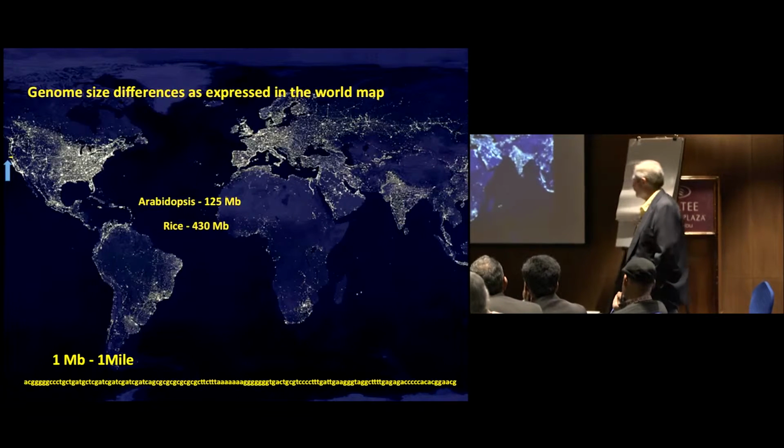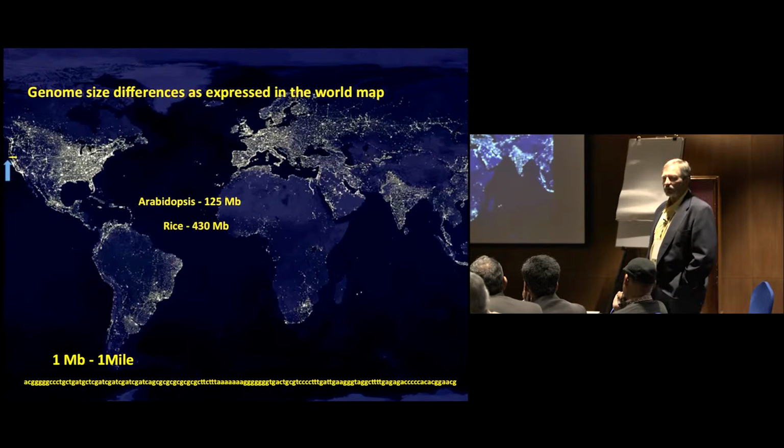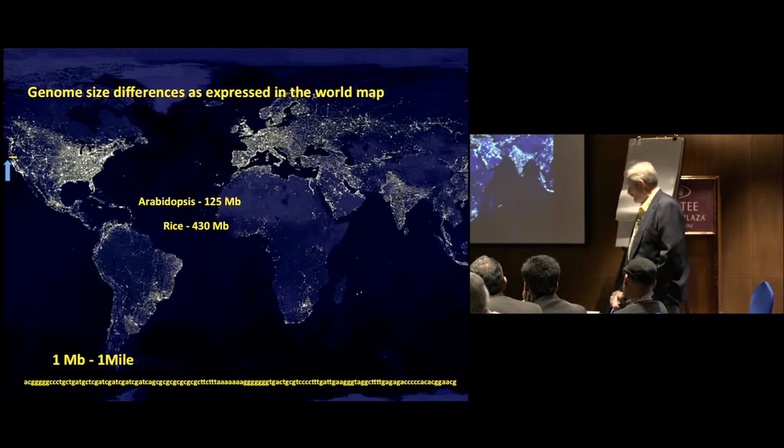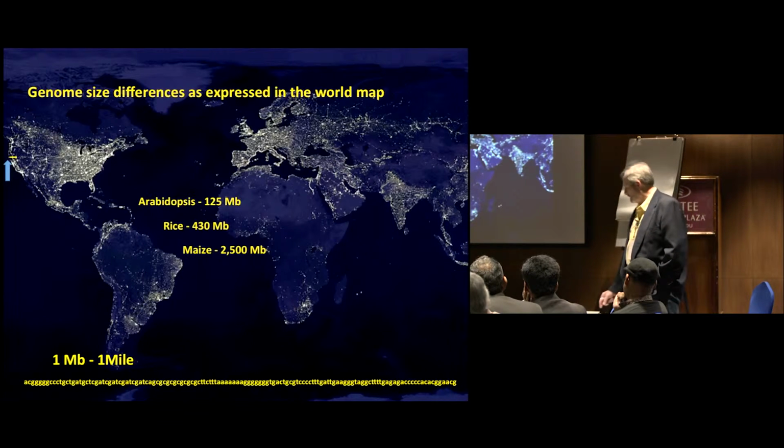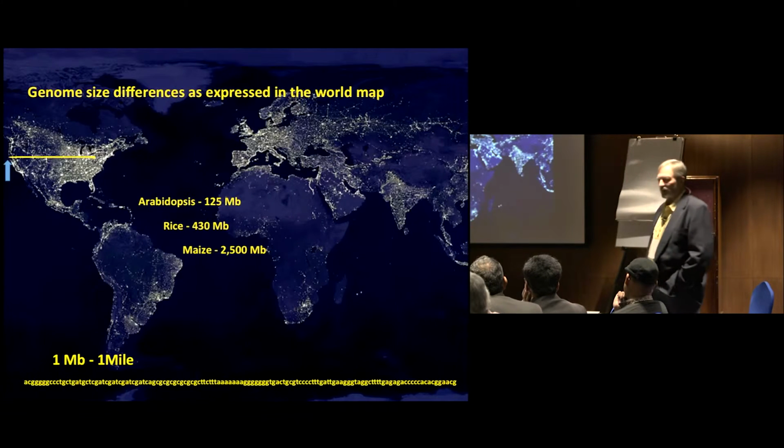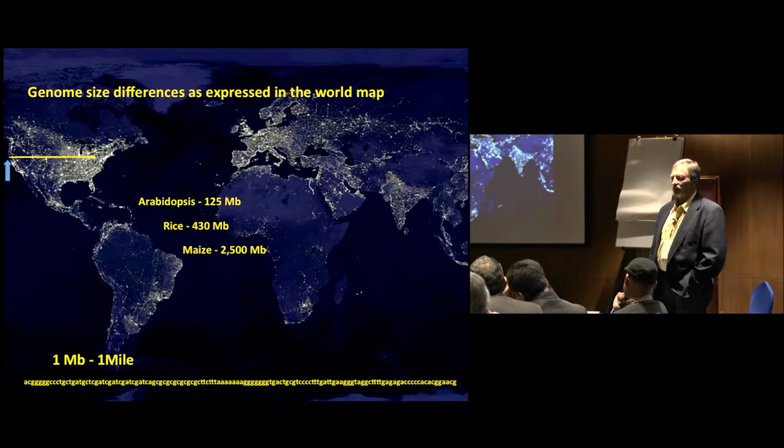For rice, which is agriculturally very important, 430 megabases, it's about that far. And for maize, it's a much bigger genome, it's about that far. Now, how far do you think the genome for wheat goes?